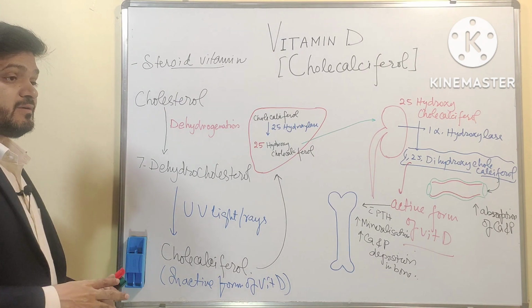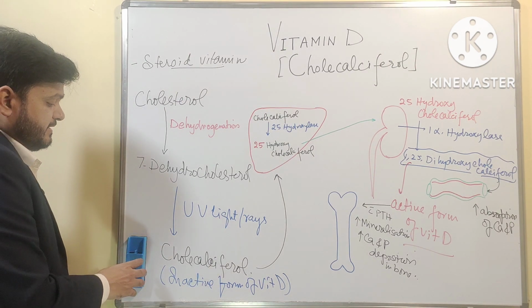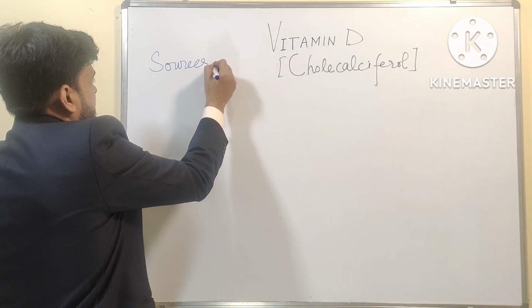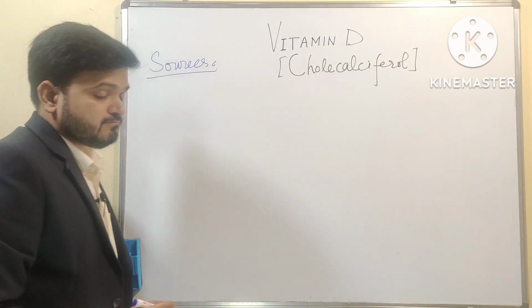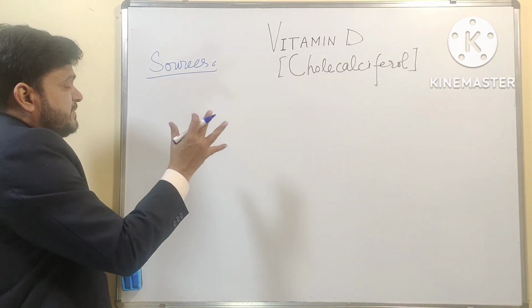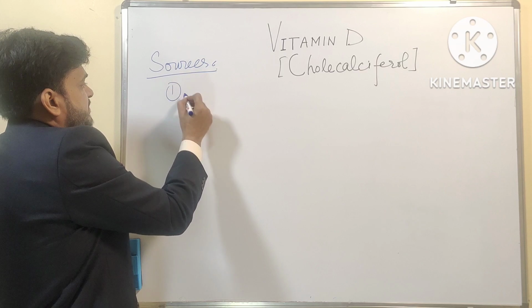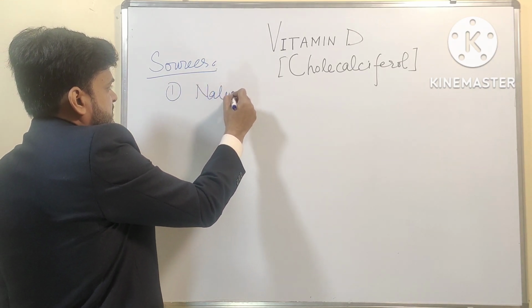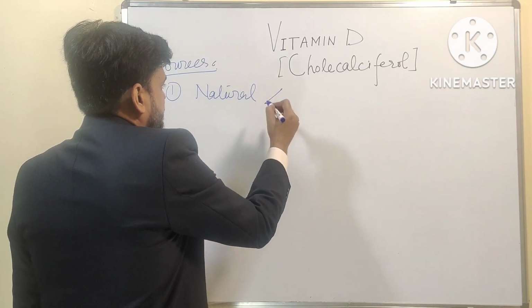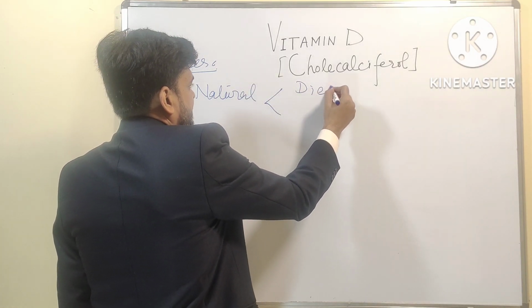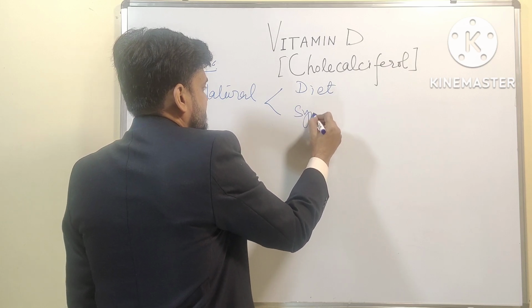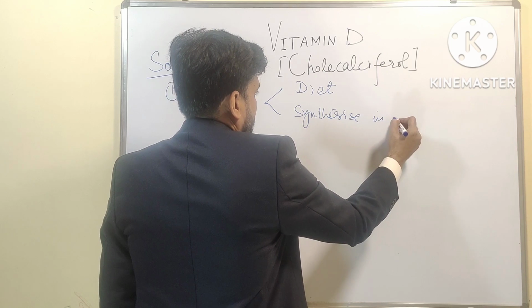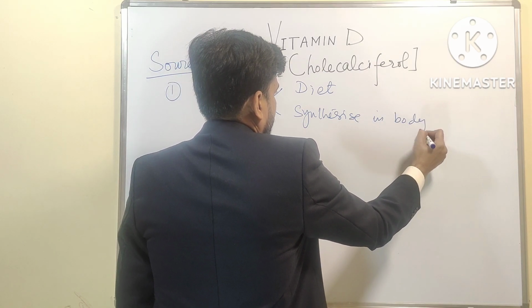Now coming to the sources of vitamin D. As far as vitamin D is concerned, it can be obtained from a natural source, so in our diet, or it can be synthesized in the body.